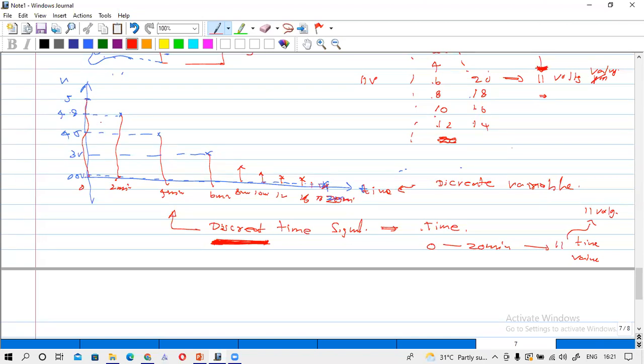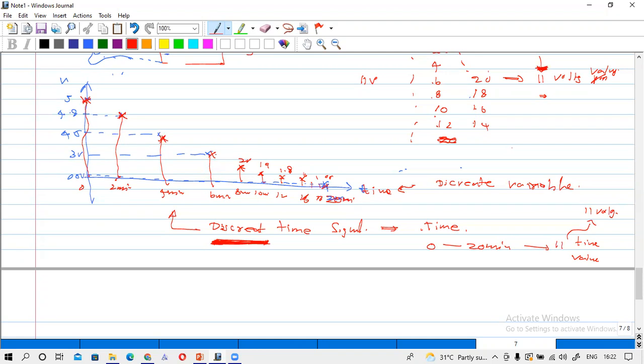So let's say you want to add these voltage values: this is 5, here it is 4.8, here it is 4.5, here it is 3 volt, maybe this is 2 volt, maybe this is 1.9, 1.8, 1.6, 1.5 maybe. Anyway, you have some countable values, no?